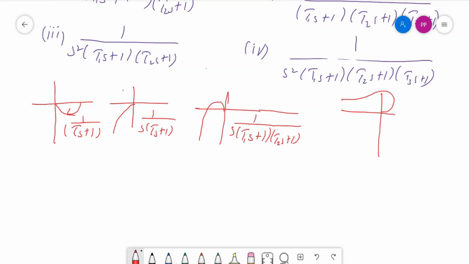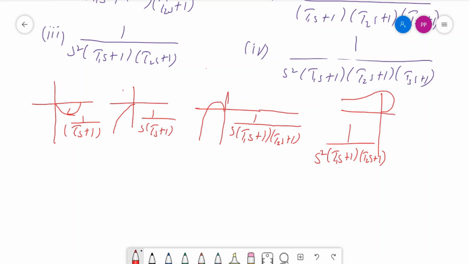In this case, as we see that the starting point at omega equal to 0 is shifted by 90 degree, so we will have a transfer function written in the form s square into tau 1s plus 1 into tau 2s plus 1.